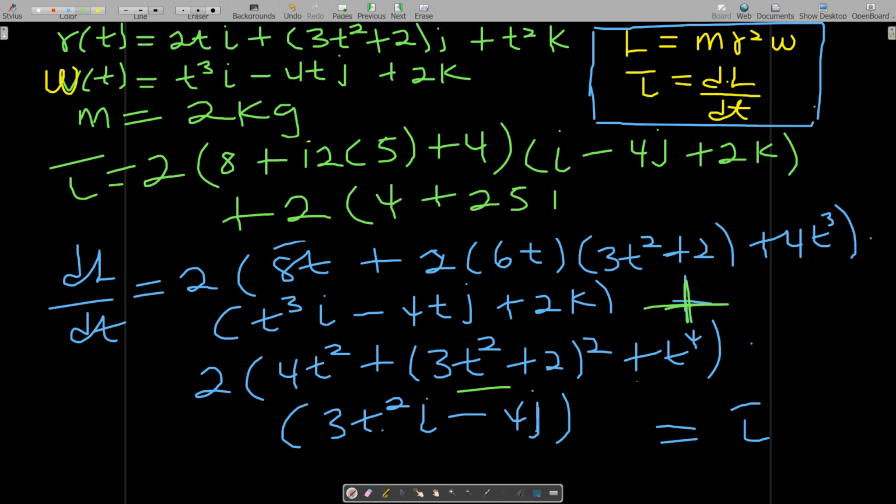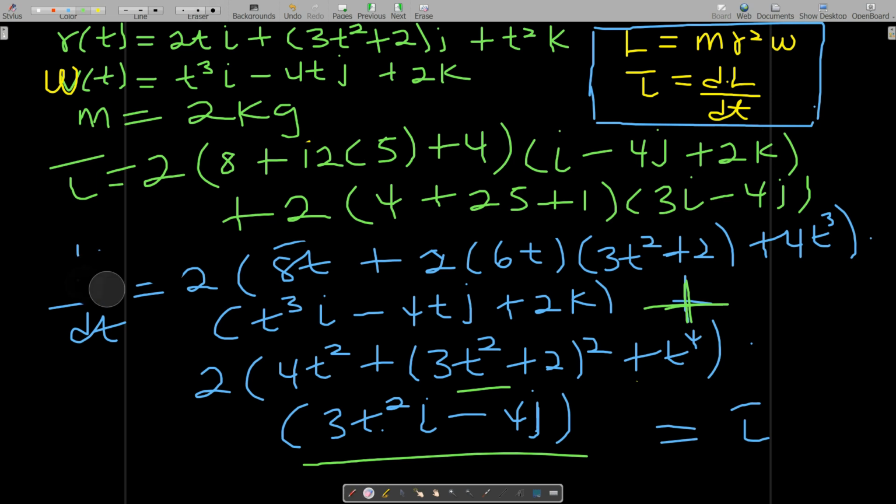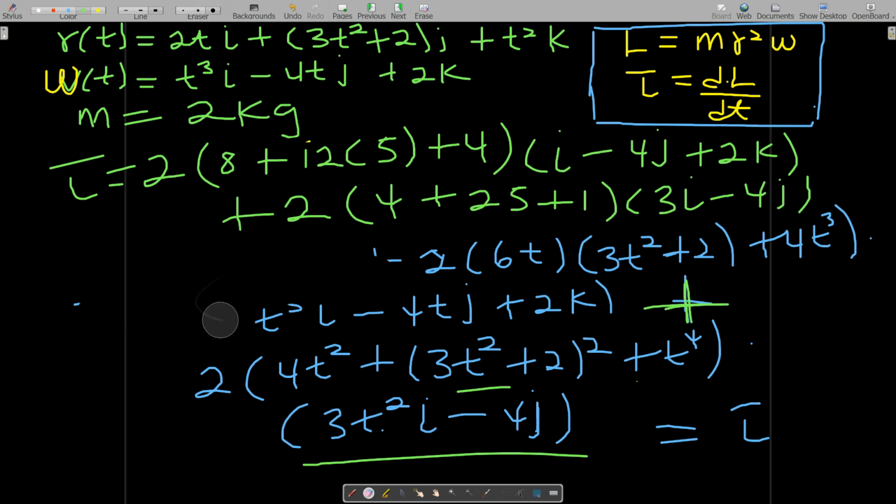Okay, plus 1, like that. Then multiplying this, I hope you get it, it becomes 3i minus 4j, like that. So after putting 1 in, this is what you have for the torque.